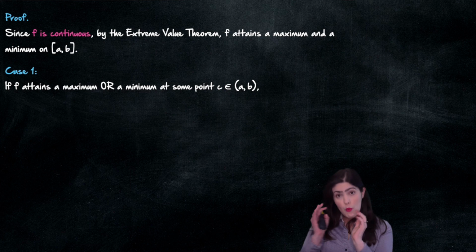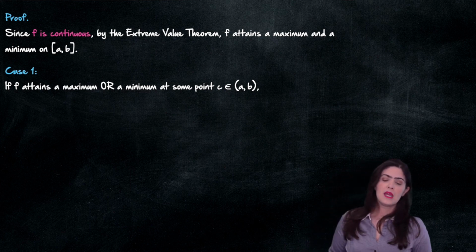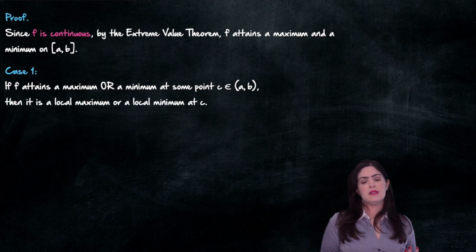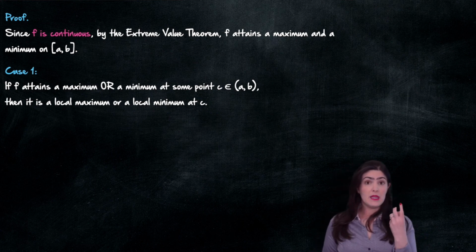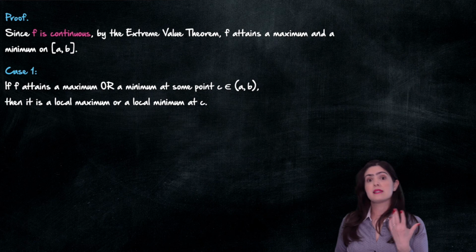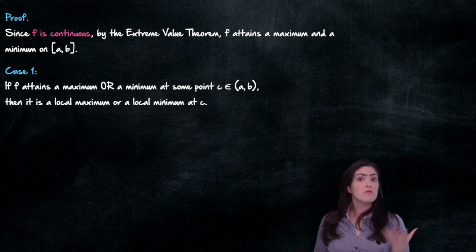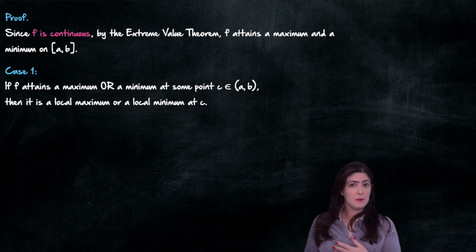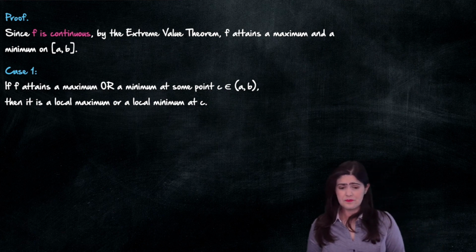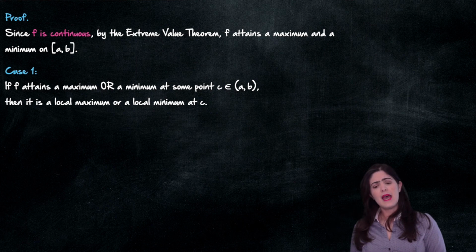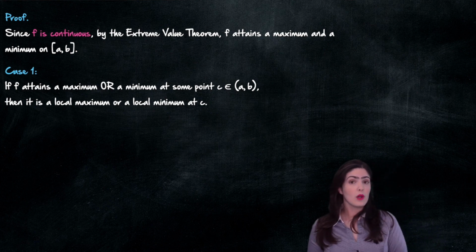So c is in the open interval (a, b). If this happens, then if we have a maximum, that maximum would be a local maximum, or if we have a minimum, that would also be a local minimum. So a global maximum or a global minimum is also local.